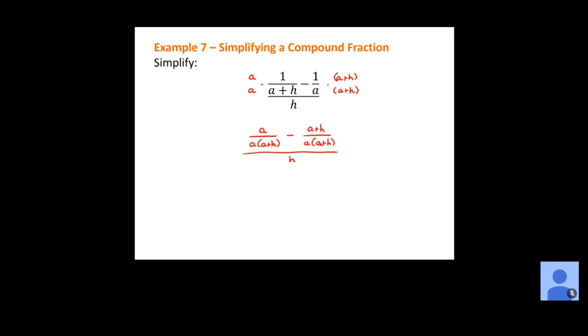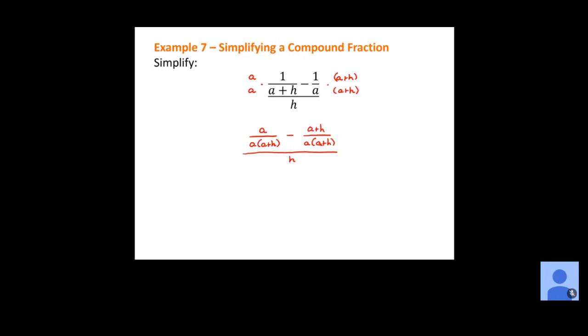All right, now I want to combine those fractions in my numerator, right? So when I combine those, what's that going to give us? Okay, almost. Be careful here, right? We're subtracting the a and we're subtracting the h, right?